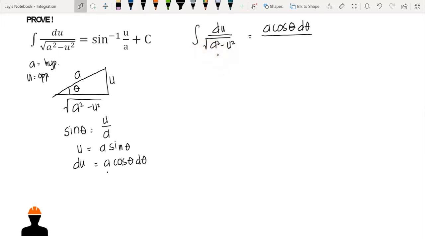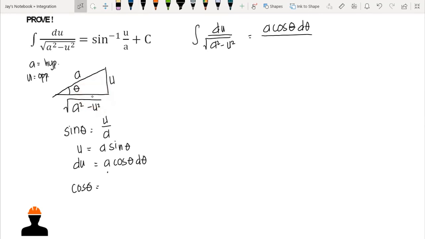Now we know that from this, we could simply create another trigonometric identity involving the adjacent. So what should be the trigonometric identity that involves this adjacent side here? We can use cosine, correct? Since if we have cosine of theta, we have adjacent.